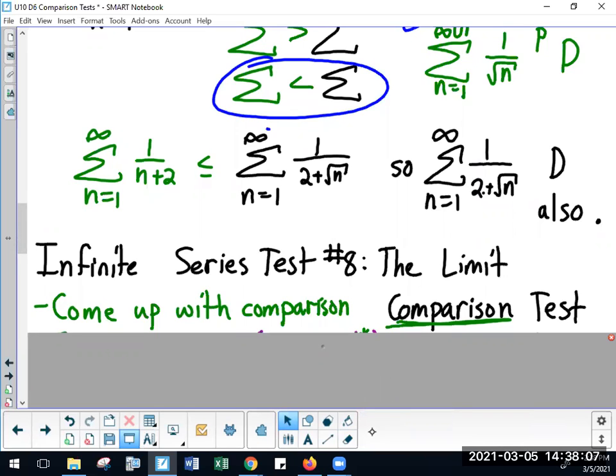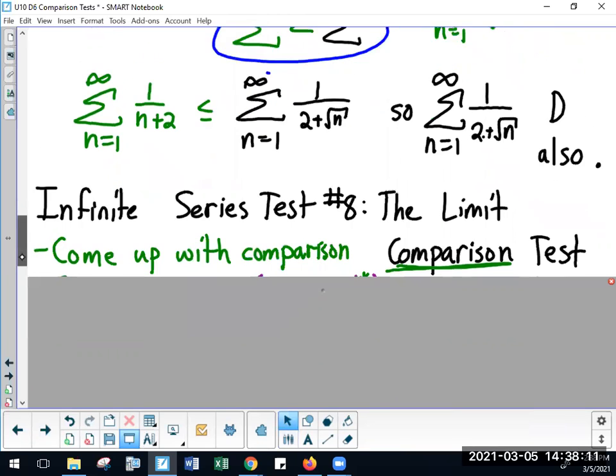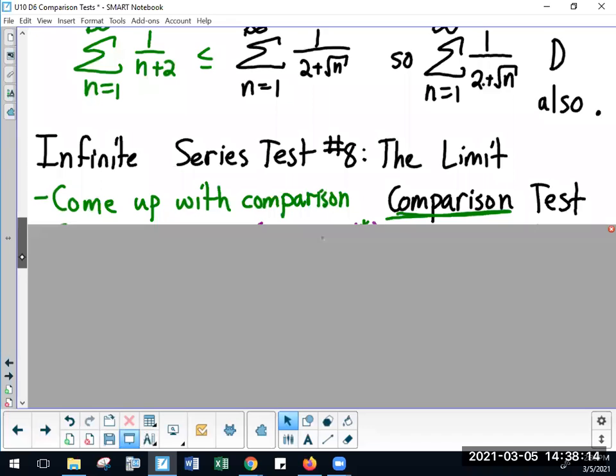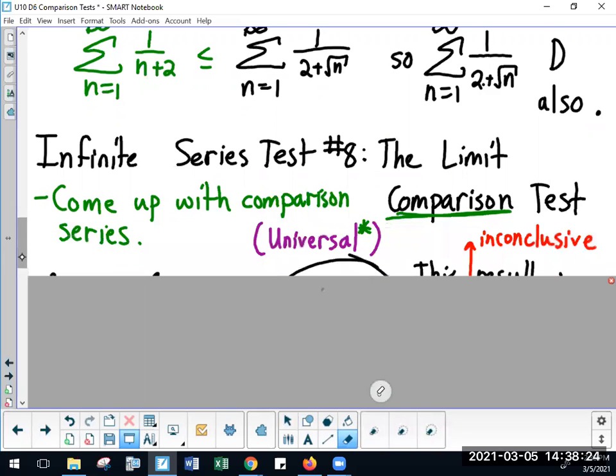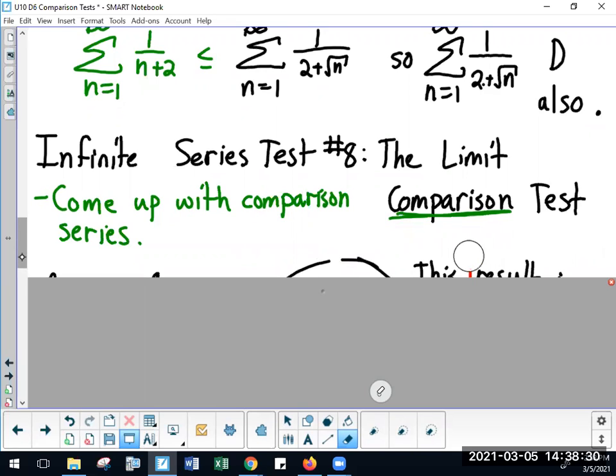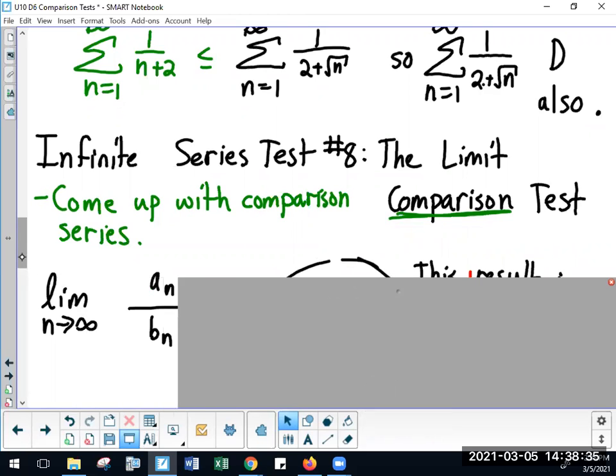So that part is the same. This one has limitations. But honestly, I prefer this one to the other one. But there's issues. This one too is not universal because there are limitations for the comparison as well as additional limitations.